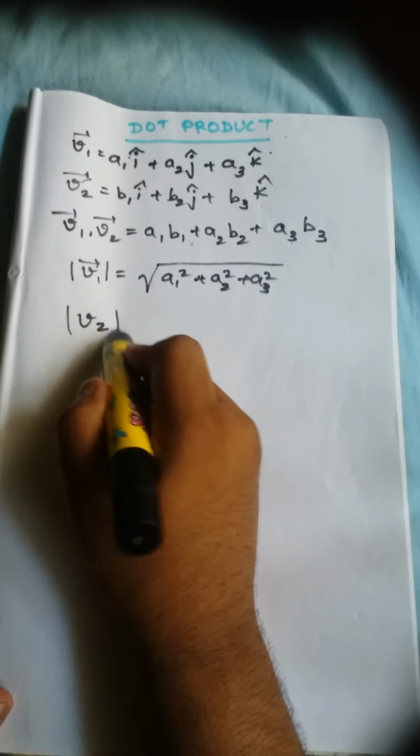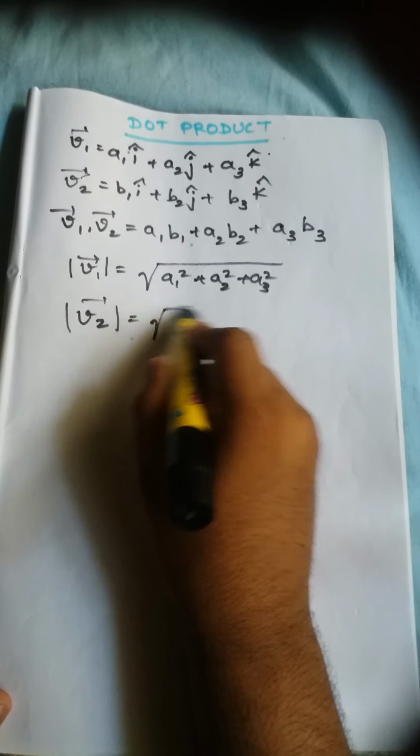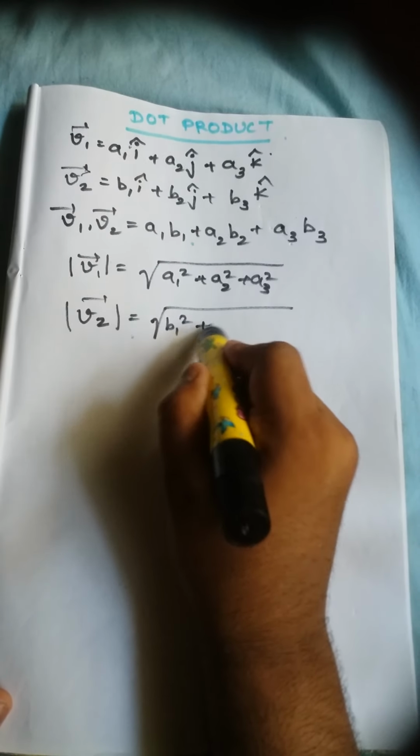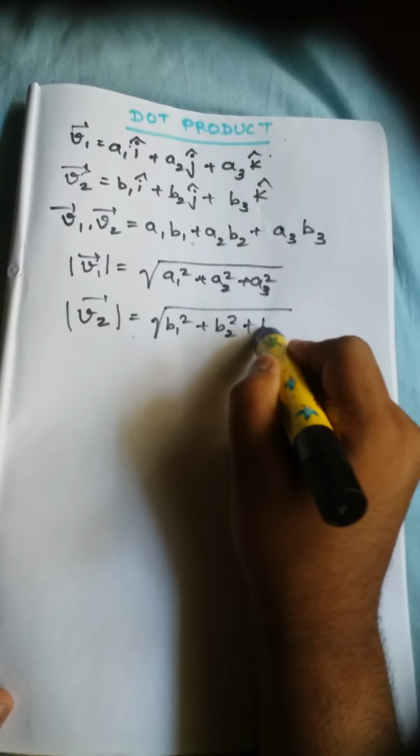Now mod v2 is equal to square root of b1 square plus b2 square plus b3 square.